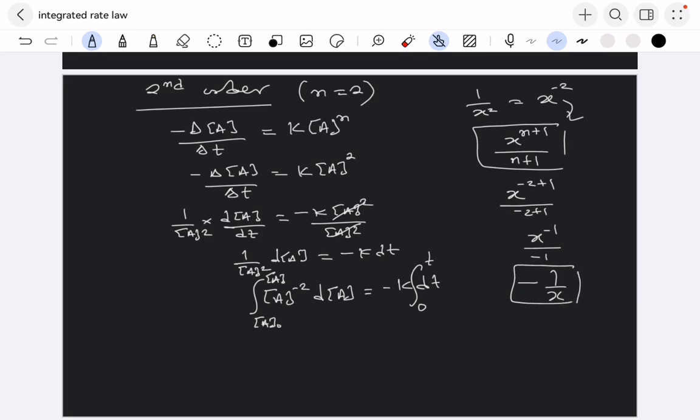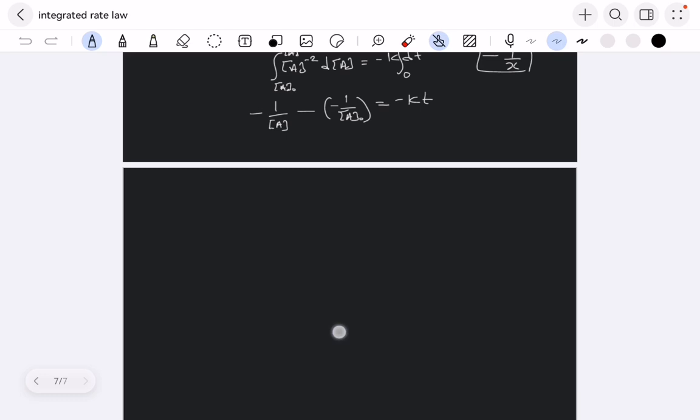So here it becomes negative 1 over A final, minus negative 1 over A initial, equals negative kt. So to continue, this becomes negative 1 over A final plus 1 over A initial equals negative kt.